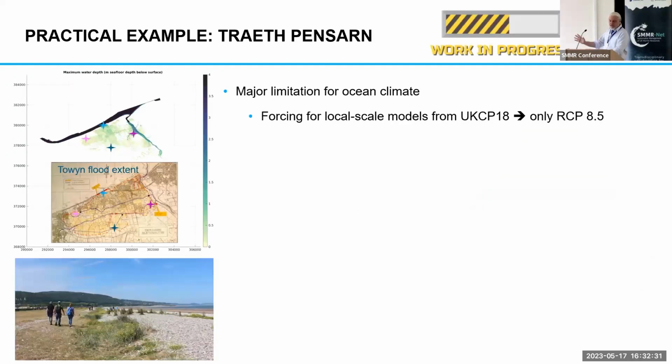Now a very quick practical example around Penzance Beach in North Wales. The North Wales coast has been heavily managed for a very long time. And the local context there is that there is a hold the line policy for all future epochs. The main concern is flooding.